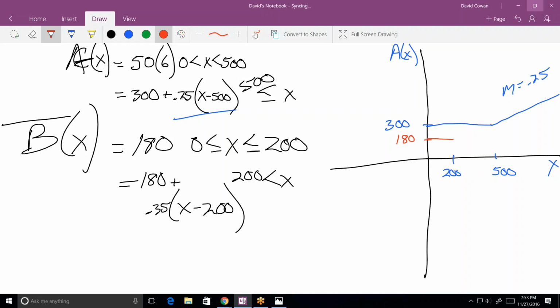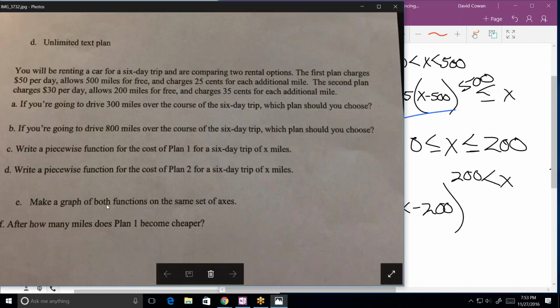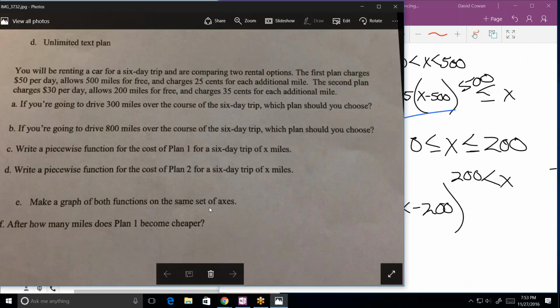And then anything in excess of 200, what's the slope of that going to be? 0.35, which is a little steeper than that, so it's not parallel to that. I'm going to draw it like that, and this slope equals 0.35. And that should do it in terms of answering their question. Let's make a graph of both functions on the same set of axes.